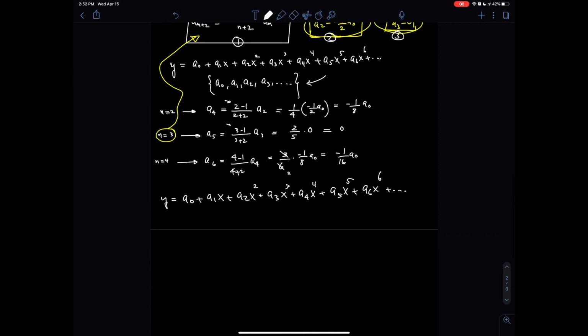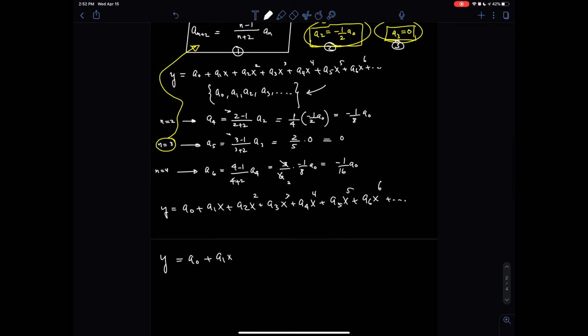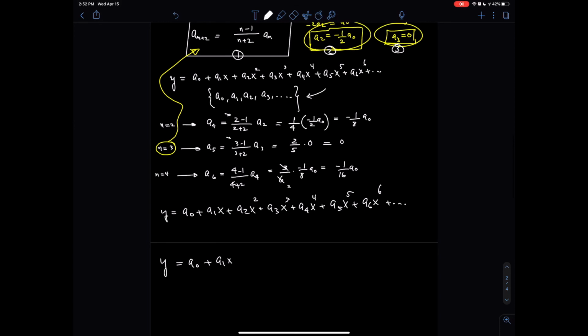So now my y is equal to a naught, just a naught, a1 is just a1. Now what's a2? a2 is minus 1/2 a naught, so it'll be minus 1/2 a naught x squared. Now we're on a3, so a3 is 0, so plus 0 x to the third. Now we're on a4, what's a4? a4 is minus 1/8 a naught, so it'll be x to the fourth.